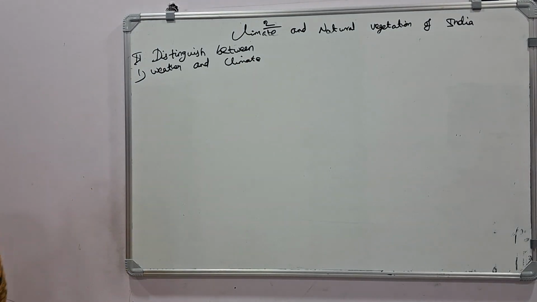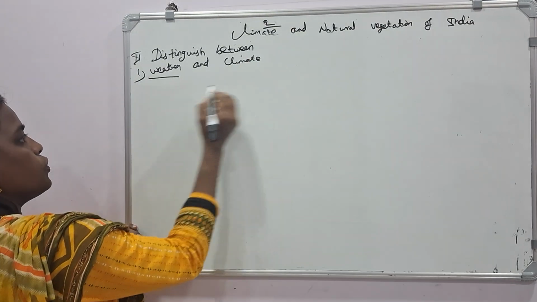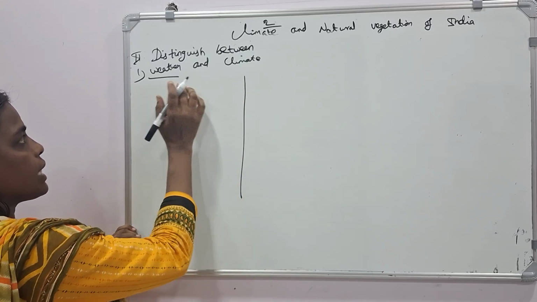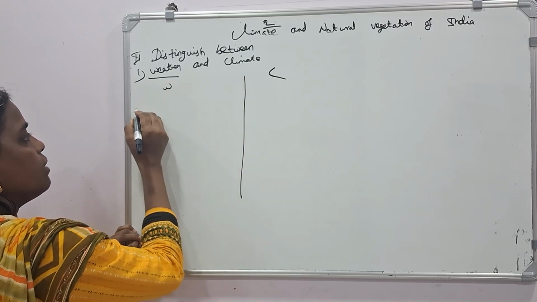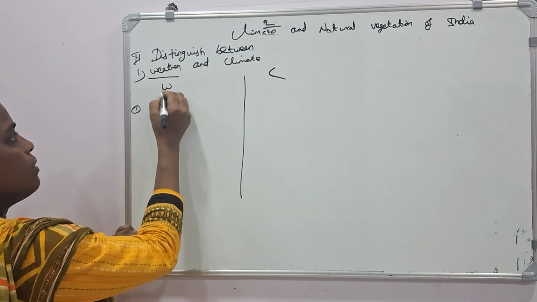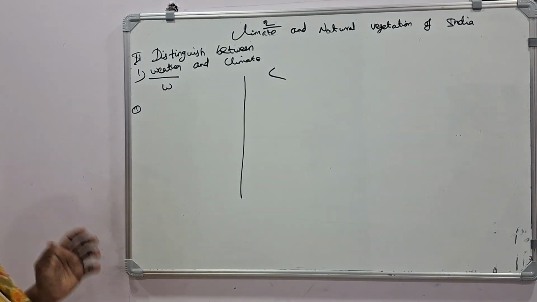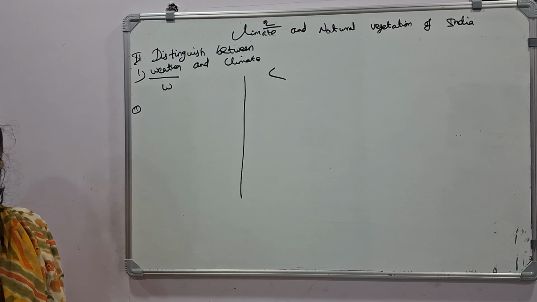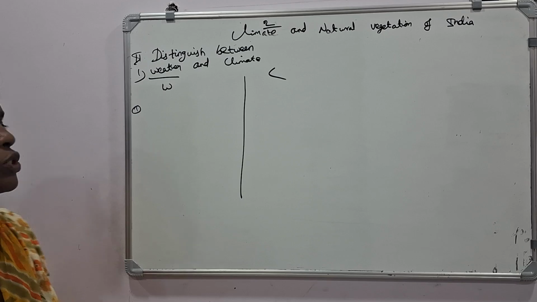You have to make a table column under the side headings of weather and climate. First, you have to write weather is a day-to-day condition. Weather is reporting the day-to-day condition of the temperature.